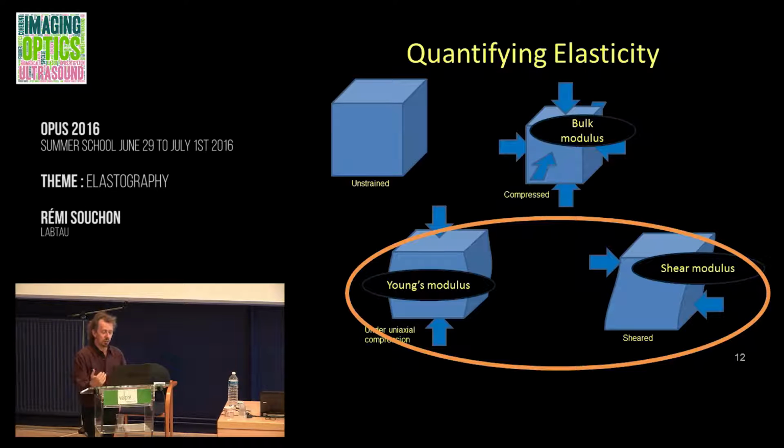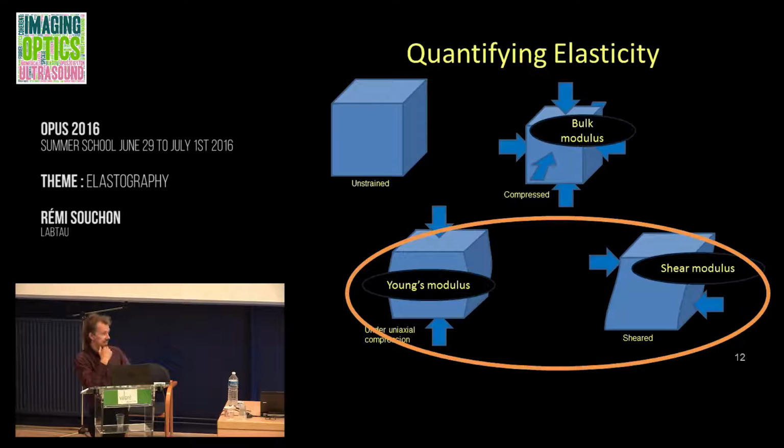And it's quite a lucky coincidence that the bulk modulus is roughly the same for most tissues. This is what makes the speed of sound roughly the same for most tissues, and that's why ultrasound scanners work. So the bottom line is, if you look at the bulk modulus, there's no contrast in that.